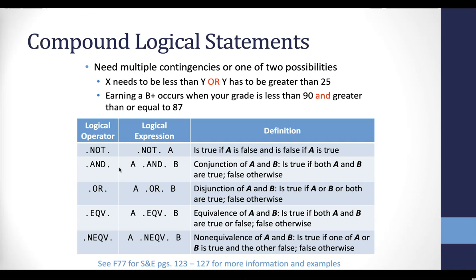Or the disjunction of A and B, and so it will be true if A or B is true, or both are true, and false otherwise. And then we've got these equivalents and non-equivalents. We're not going to use those in this course, but they're here for completeness' sake. Again, for more information and examples, please see FORTRAN 77 for Scientists and Engineers.